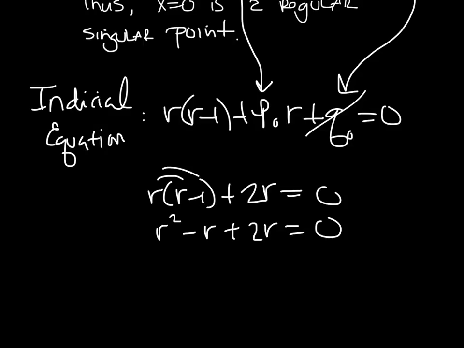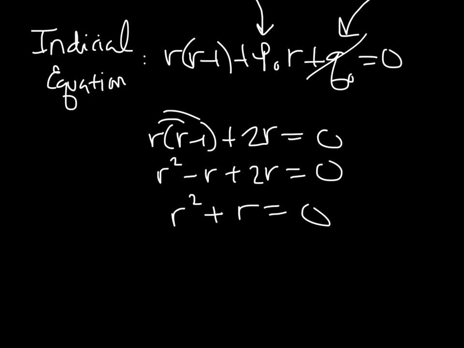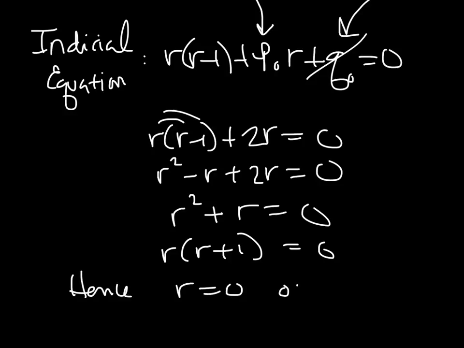So now we are left with, even easier, r squared plus r equals 0. And then we can factor out an r. Therefore, the possibilities are r equals 0 or r equals -1, but we can call these r sub 1 and r sub 2.